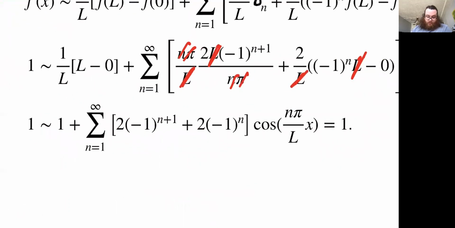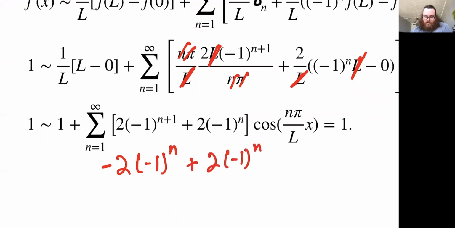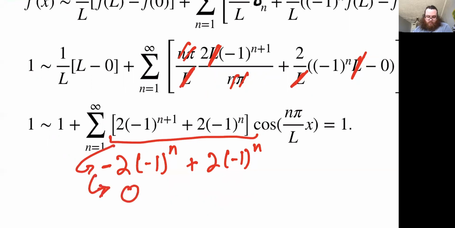Okay, and so here, notice that another way of writing this, if we factor out one of these -1s, we're going to get minus 2 times -1 to the n plus 2 times -1 to the n. So this thing right here gives that, which is just 0. Okay. So these coefficients for the cosine terms are all just 0.